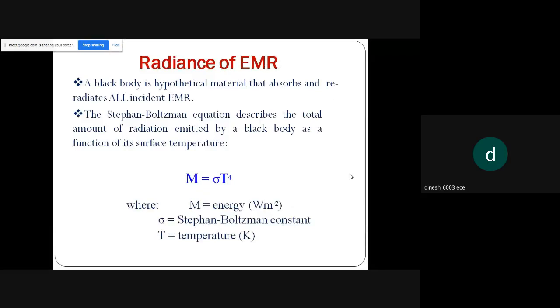Next is the radiance of electromagnetic radiation. A black body is a hypothetical material that absorbs and re-radiates all incident electromagnetic radiation.